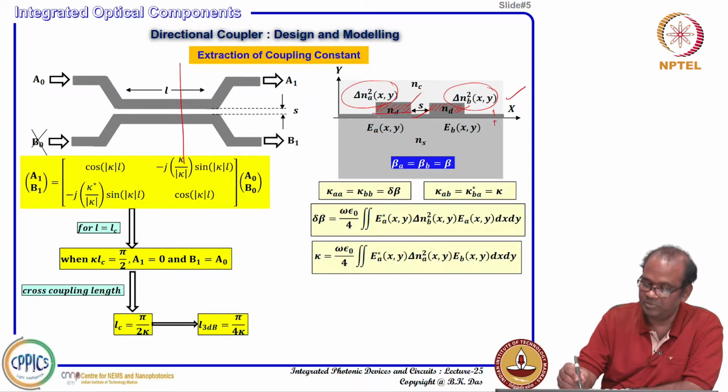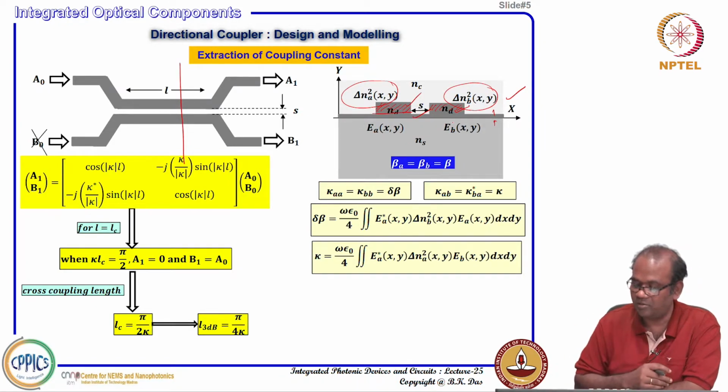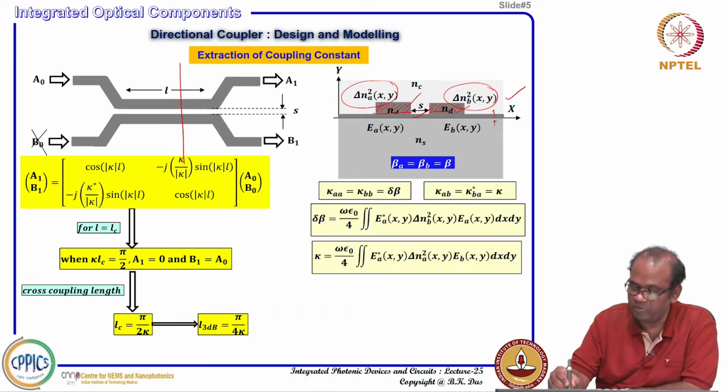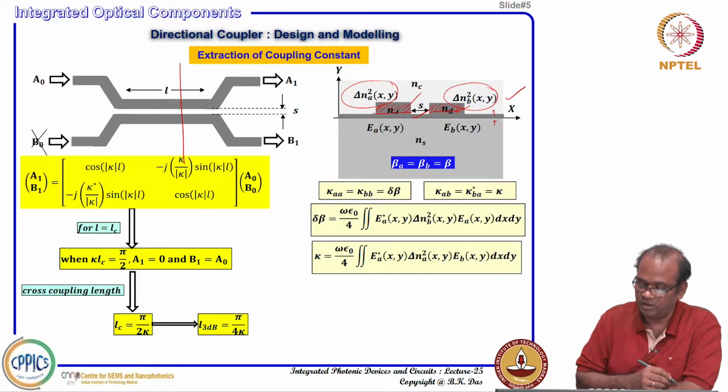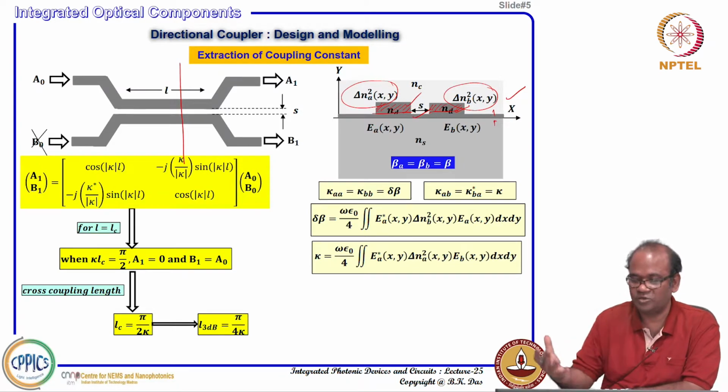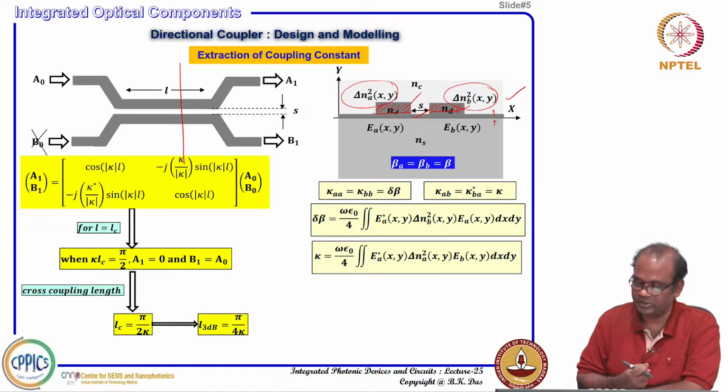If you are removing that one, that means you have only waveguide B, and if you are removing this one, then you have waveguide A. So, delta N square, delta NB square, just that additional in the ambience, total ambience, additional refractive index, additional material property you want to include, so that you can get some kind of waveguide structure there.